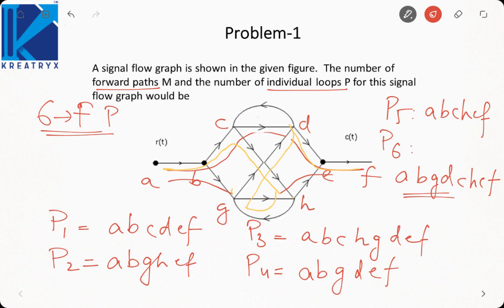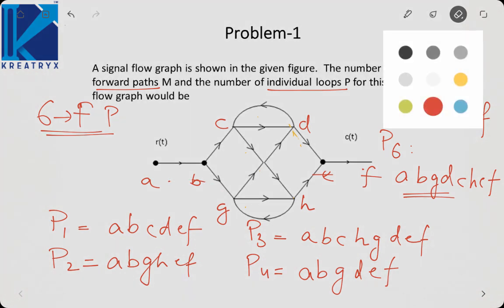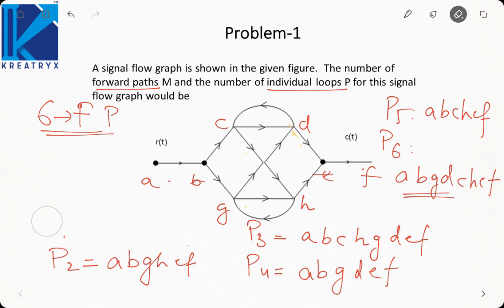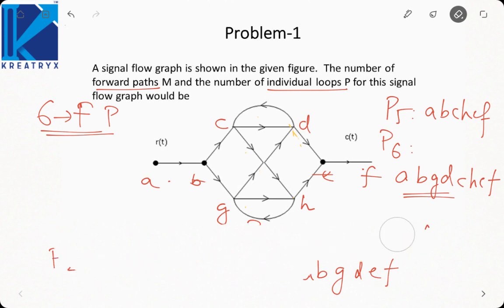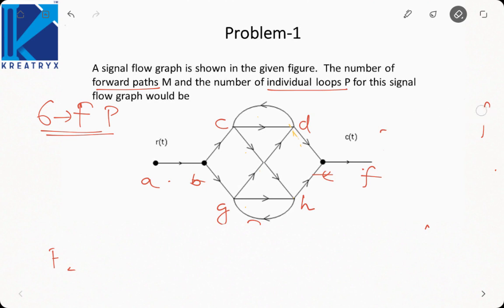Is it fine? Okay, so next let us find out the number of loops. When it comes to finding loops, we need to find a closed path, that is a path which starts and ends at the same terminal.